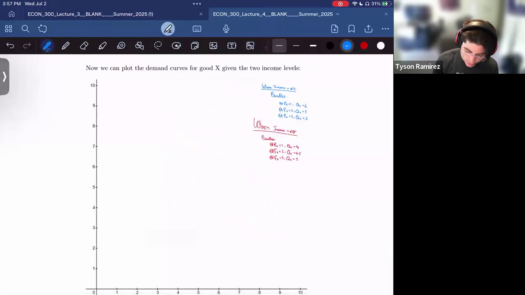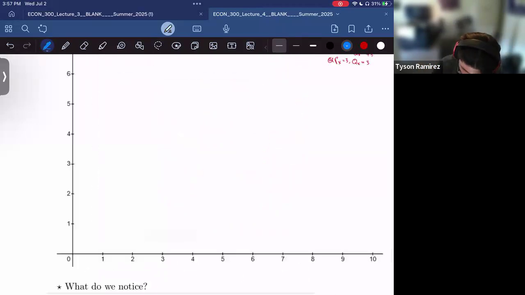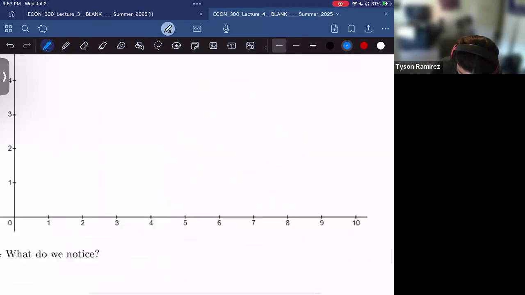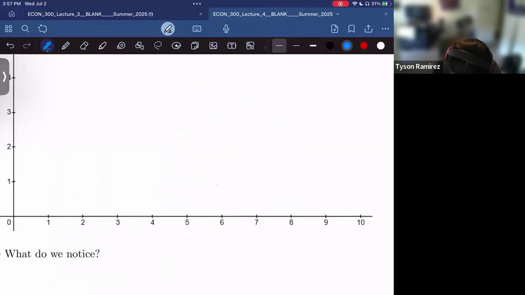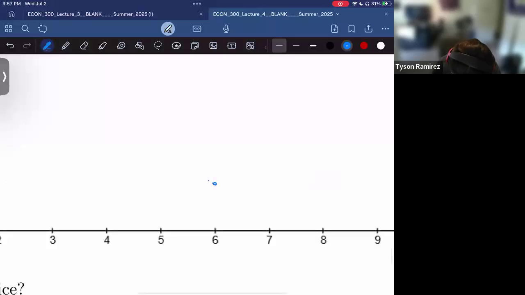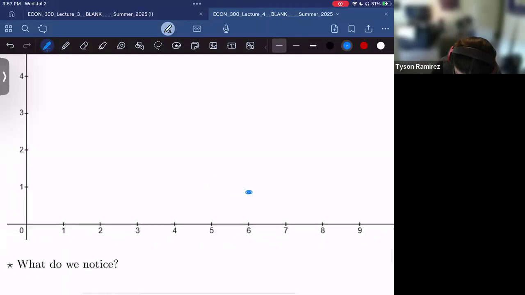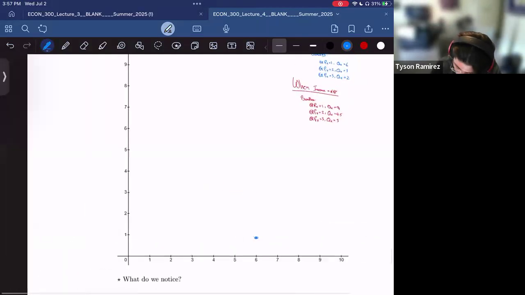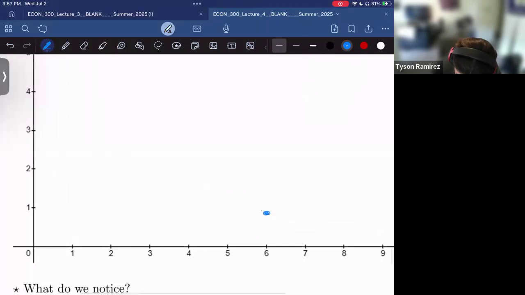All right, so let's do the blue ones first. This is going to be exactly the same demand function that we saw at the beginning of this lecture. So at a price of 1, quantity equals 6. At a price of 2, quantity is equal to 3.